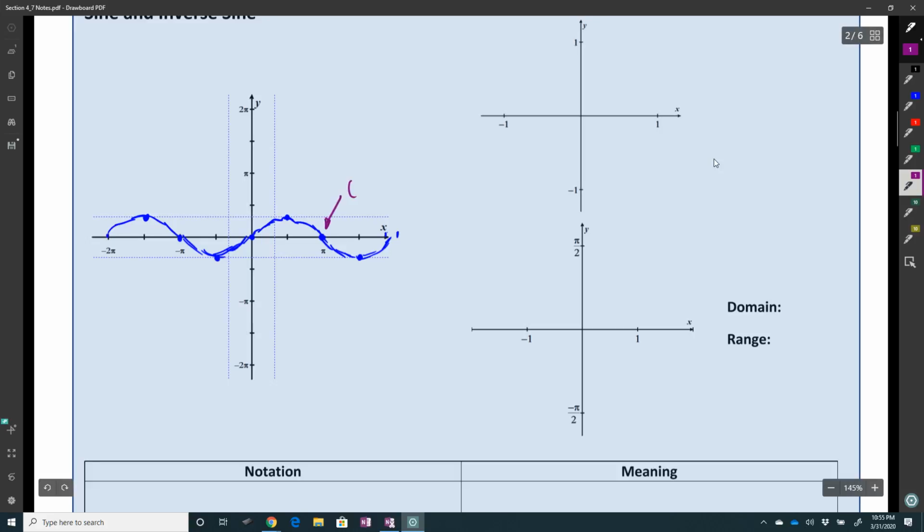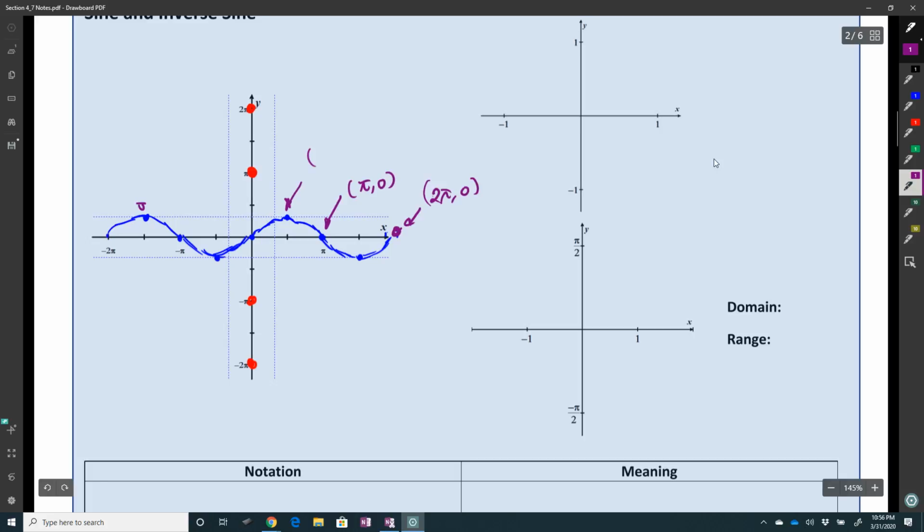So this point right here is pi, 0. So if we swap it, that means 0, pi is going to be a point. Okay? We notice that we have another one over here, 2 pi, 0. So that means that 0, 2 pi is going to be a point. So all the pi's are points. Now if I go here, actually let's just do this one.